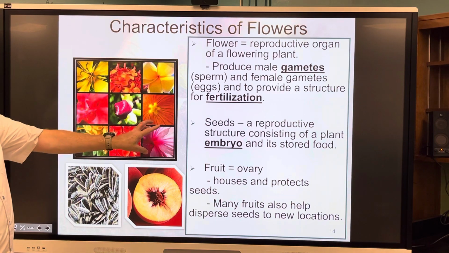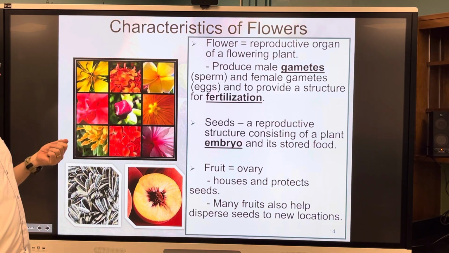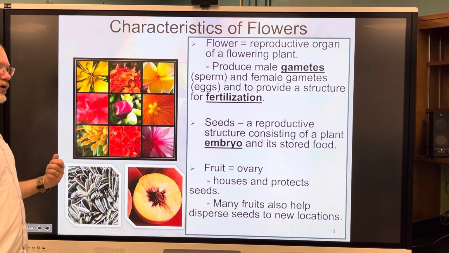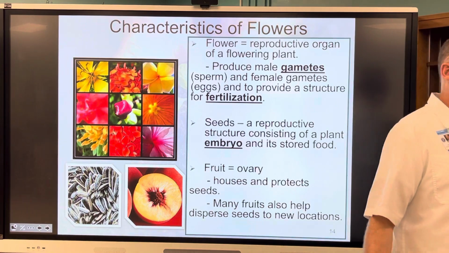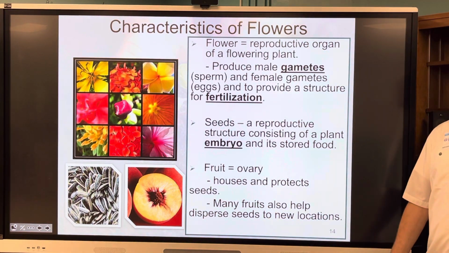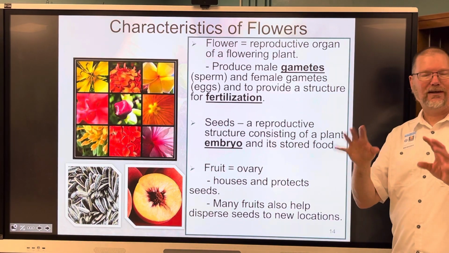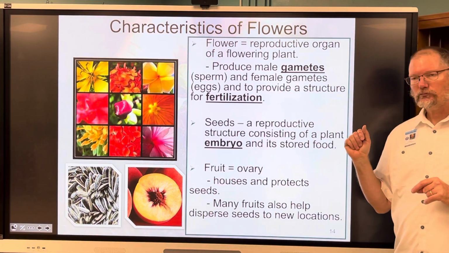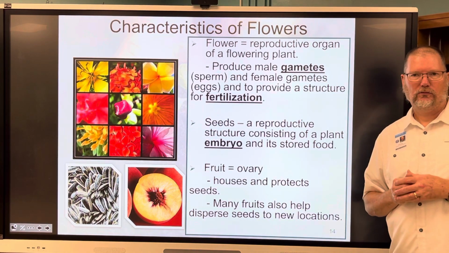The seeds are the reproductive structure consisting of a plant embryo and its stored food. So when you eat a seed like a sunflower seed, or a nut like a walnut or a cashew nut or something like that, or even a peanut, which is not really a nut because a nut grows on a tree, but anyway, you're eating the embryo of a plant.